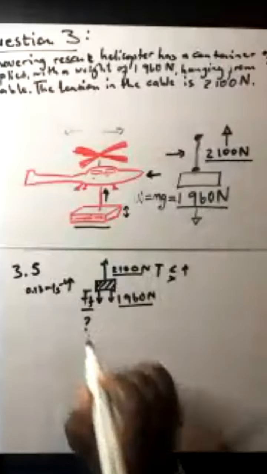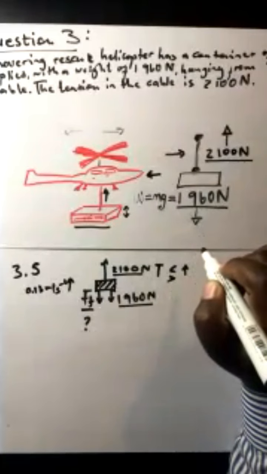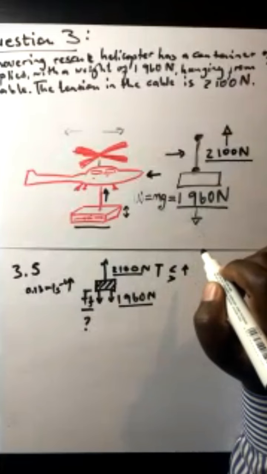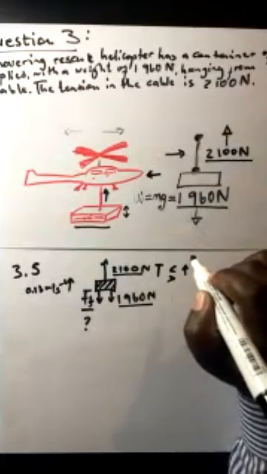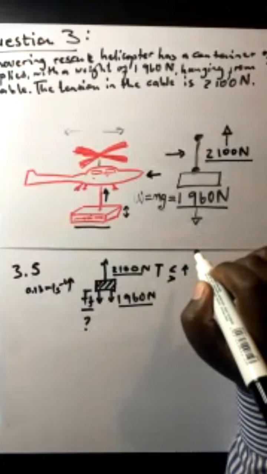So in this case, my question is, what is the amount or the magnitude of the frictional force? Do we know the amount of the frictional force, or can we calculate it, and how can we calculate it? Yes, so we can calculate it.